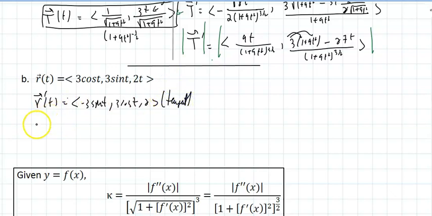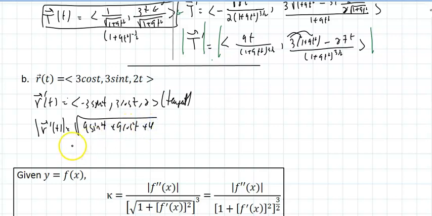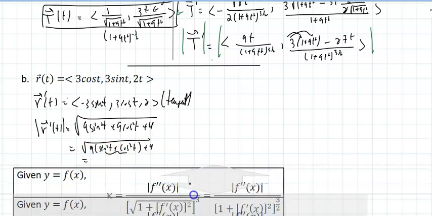But I need it to be a unit, so I need its magnitude. Square root of 9 sine squared of t plus 9 cosine squared of t plus 4. Factor a 9 out. Sine squared of t plus cosine squared of t. Isn't that a 1? Doesn't that mean that this is the square root of 14?